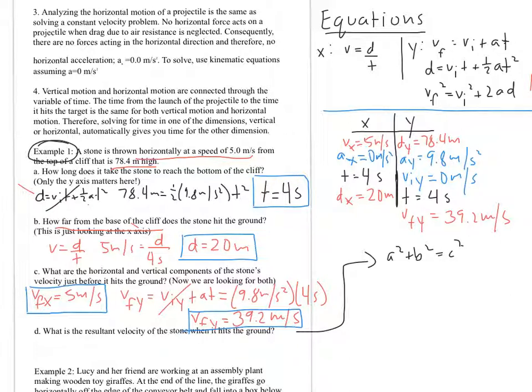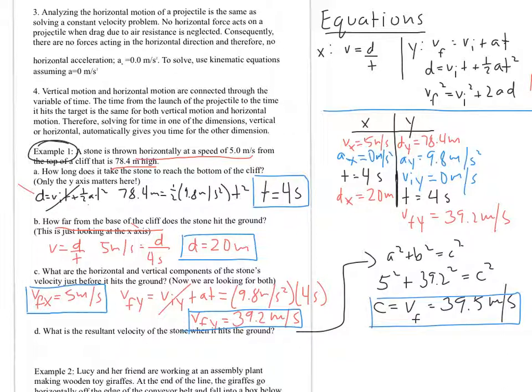So 5 squared plus 39.2 squared is equal to c squared. When you solve for c, which is the same as our final velocity, you should get 39.5 meters per second. And that is our final answer. There you go. How was that?